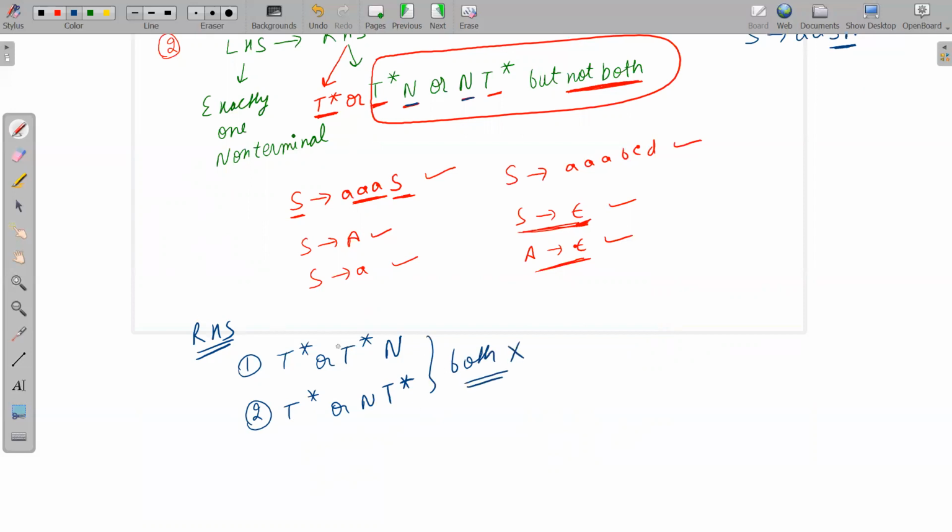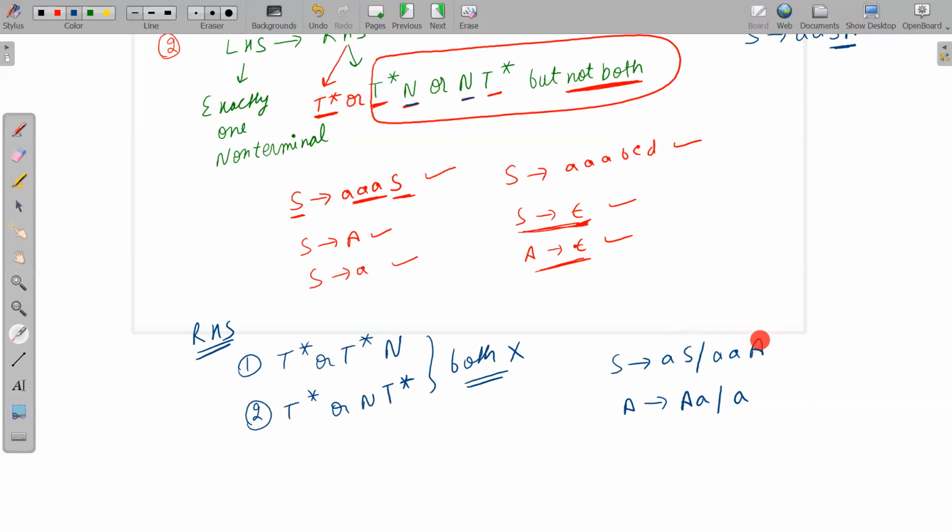Okay, so let me give you some example. See, if I write S implies AS or A implies AA or A. Now see carefully. LHS only one non-terminal, no problem. RHS only exactly one non-terminal, and that is in the extreme right.